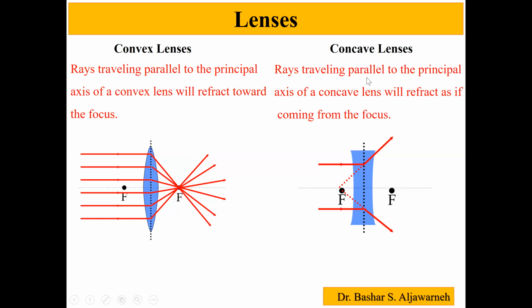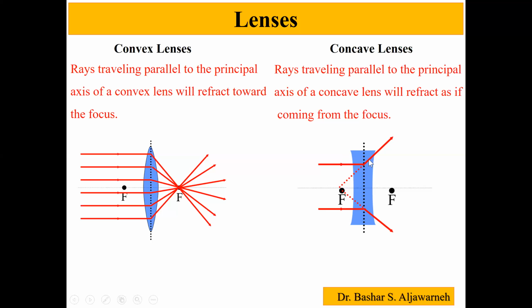Now, let us take the concave lens. Same procedure. I have two axes, the main axis and the vertical axis. Let us take a horizontal ray. This ray will experience a refraction, and you see the refracted ray is divergent. Take another ray and you can see its refracted ray.